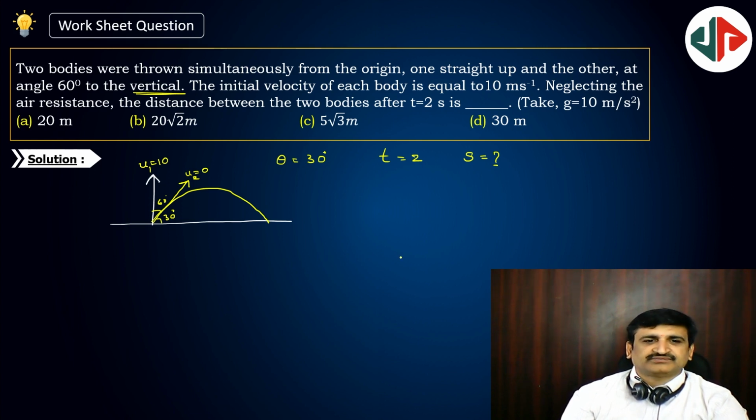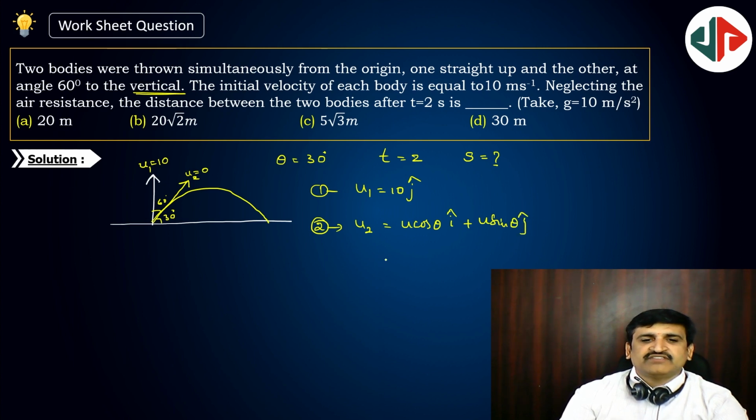First of all, the velocity of the first one is u1 equal to 10j, because it is vertical. The second one's velocity vector is u2 equal to u cos theta i cap plus u sin theta j cap.